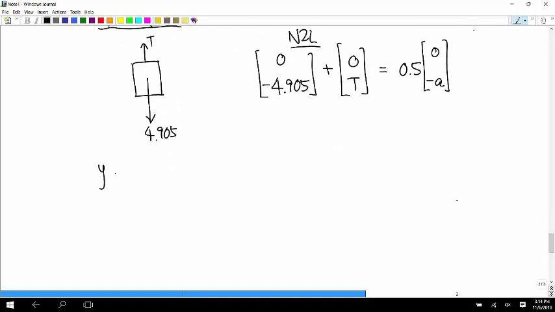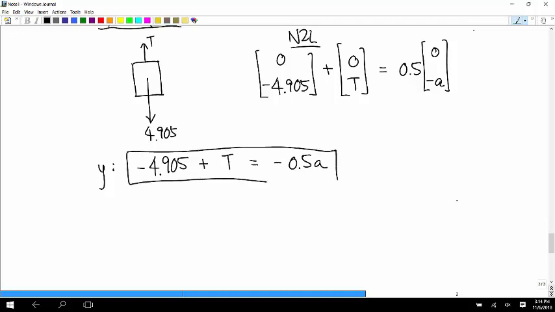And now the y equation says negative 4.905 plus T is equal to negative 0.5a. I'm going to call that equation 2 star.